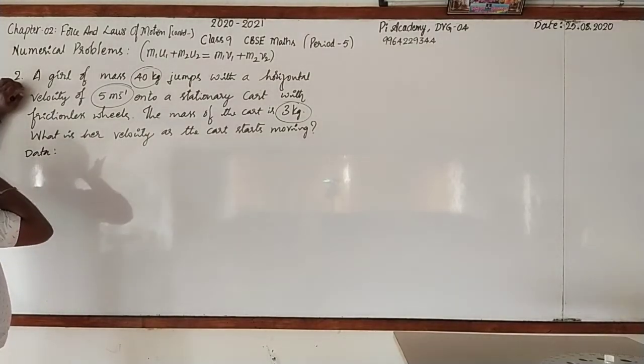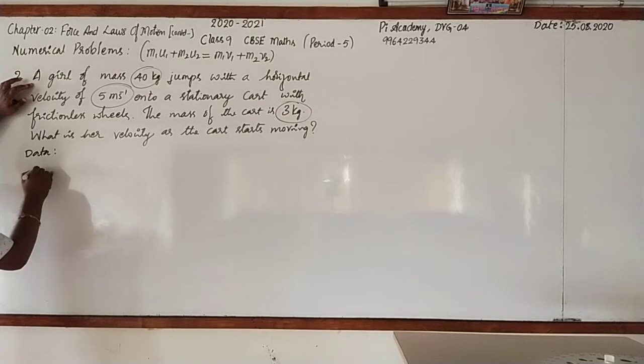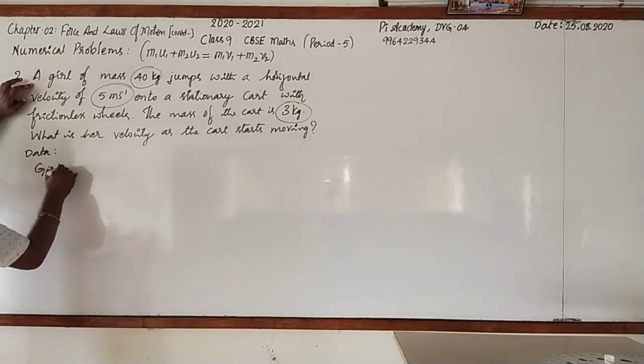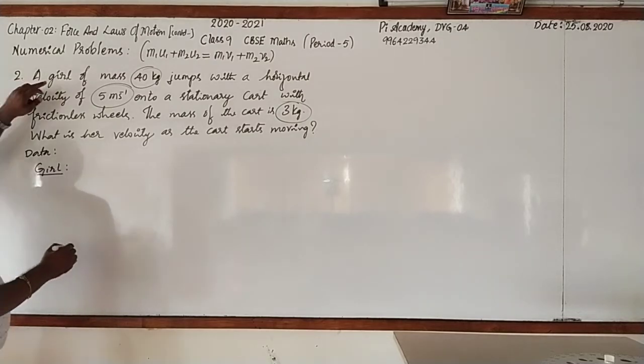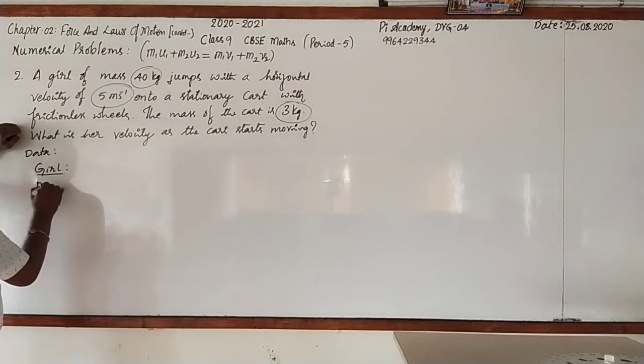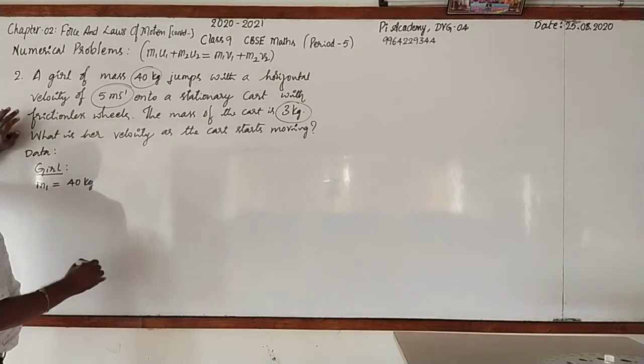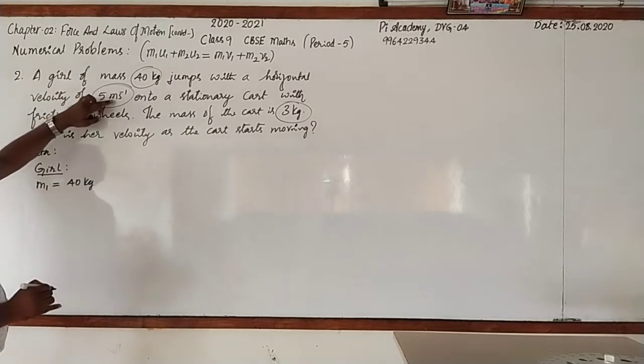Here there are two objects. Which are those? One is the girl and another one is the cart. Here I will write. First, with respect to the girl. A girl of mass 40 kg. What does 40 kg indicate? It is M1, 40 kg. With a horizontal velocity of 5 meter per second.